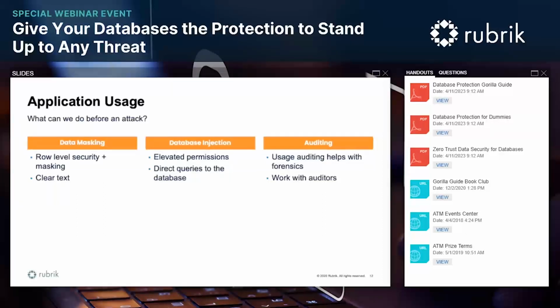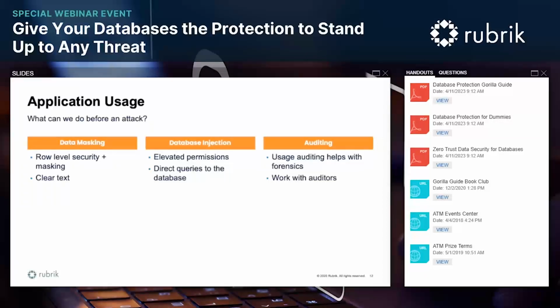Then when data is at rest, how are we storing it? If we have sensitive data that needs to be protected, it shouldn't be in clear text. All that data should be encrypted at rest. That way, when you think about the scenario I presented about somebody going into the data center and stealing a disk, if all the sensitive data on that disk is encrypted, they don't have anything that they can work with.